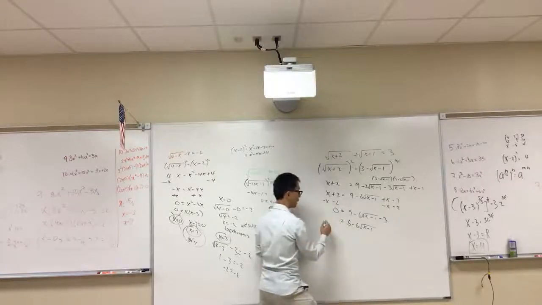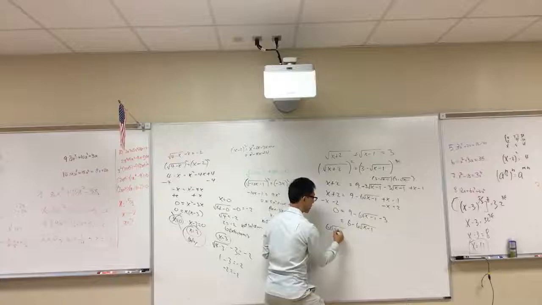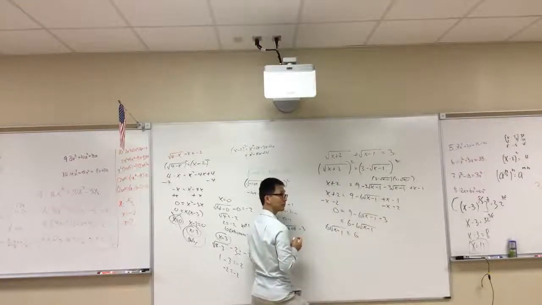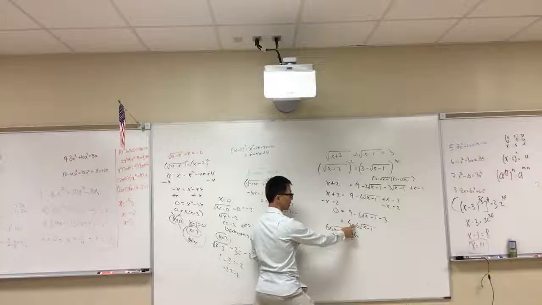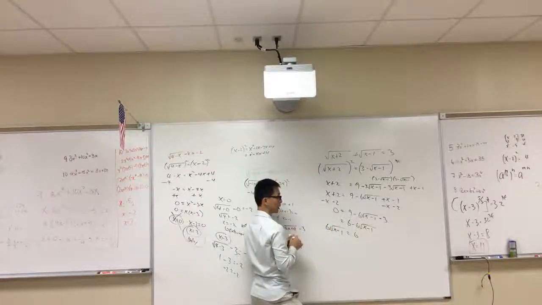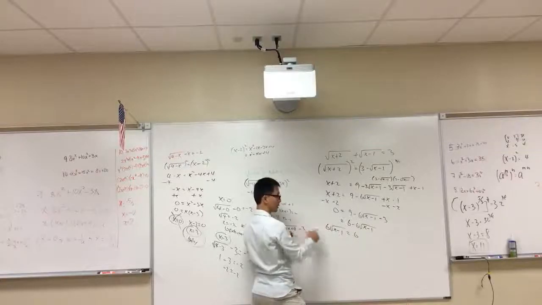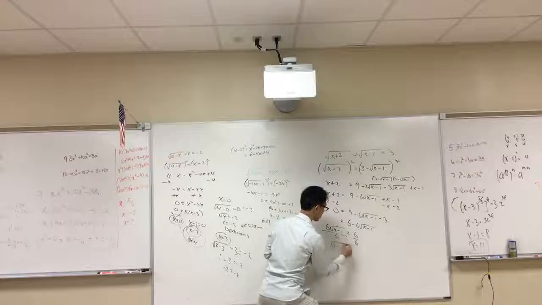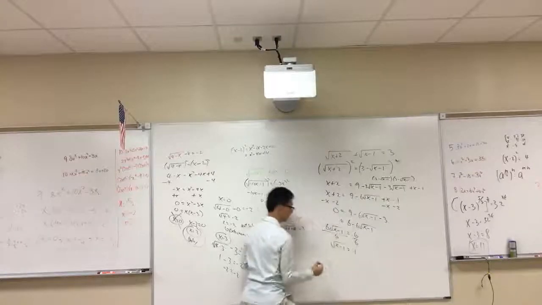So then I will have 6 square root of x minus 1 is equal to 6. Wouldn't it be negative 6? No, this one is negative 6, so if we move it over here, it becomes positive. Then I'm going to get rid of 6, because this 6 is a coefficient. So that's square root of x minus 1 is equal to 1.